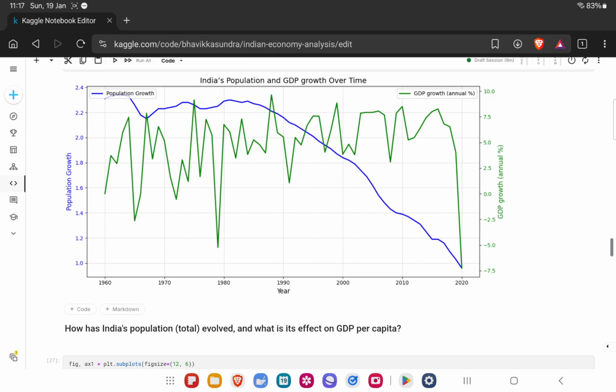In 1960, the population was growing at around 2.1%, 2.3%. Currently it is growing at 0.7%. So the growth rate has decreased, but the population will continue to increase, and there will be a point around here where population growth will be at 0% and then starts negative growth.